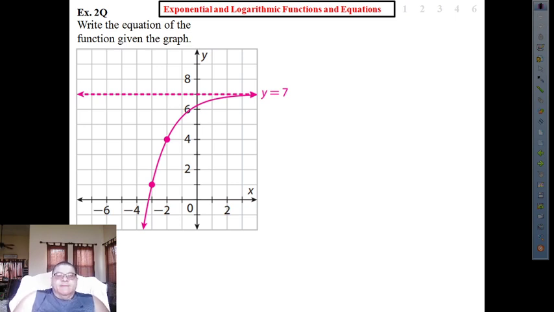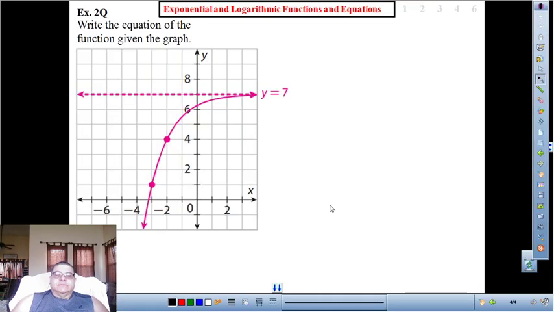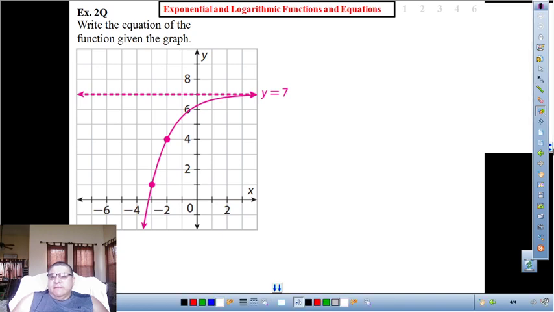Alright, so what is the first thing you did? Yeah, you need to write the general form. Let me make some space on this side first.